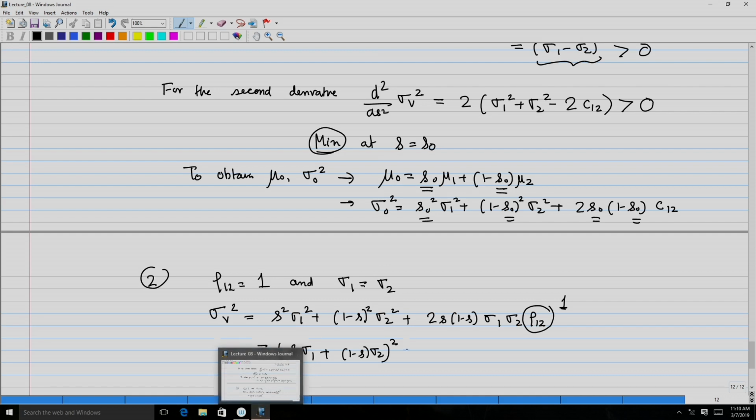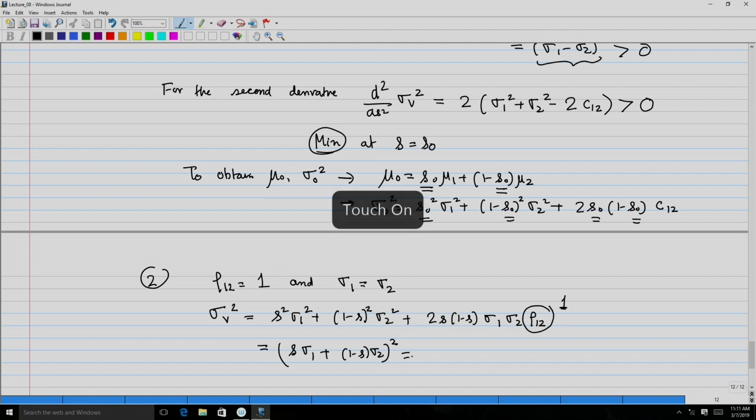Now, observe carefully that here we have sigma 1 equal to sigma 2. So, that means if I replace sigma 2 equal to sigma 1, then the s and 1 minus s terms will cancel out. So, you end up getting this to be equal to sigma 1 square or sigma 2 square.